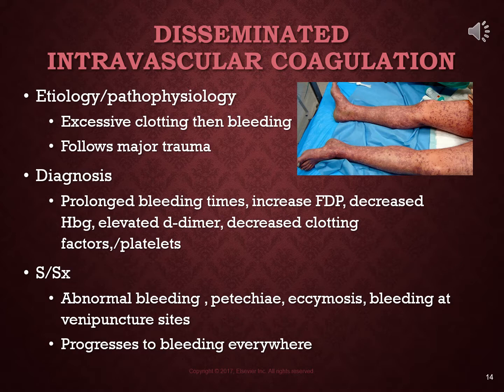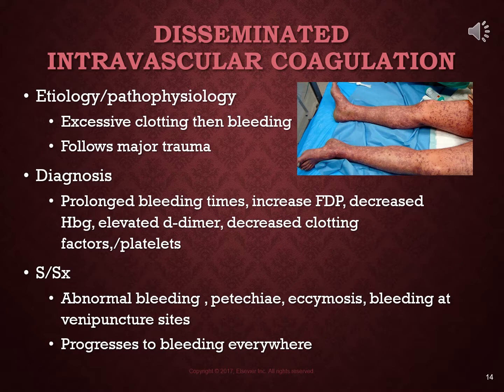So you have lots and lots of clotting, and then you use up all your clotting factors, and then you have uncontrollable bleeding. That seems very strange, because it's because of clotting, but that's what it is. You have an acute onset with rapid progression of symptoms.